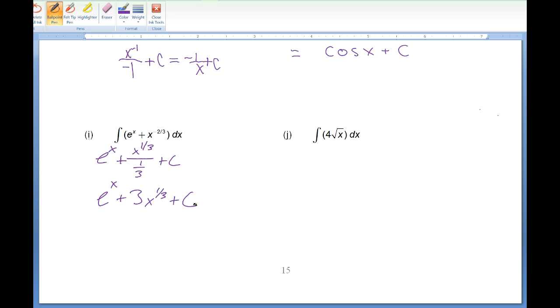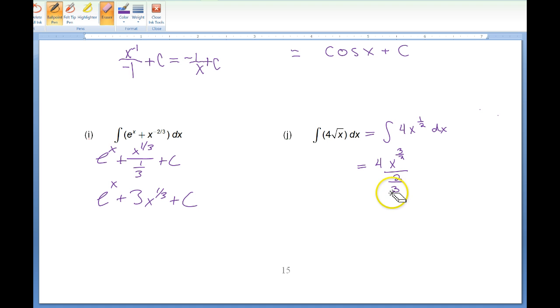Okay, last one, 4 square root of x. Anybody? Should I just do it? So again, maybe just rewriting it as x to the 1/2 first. So it's 4x to the 3/2 over 2/3.